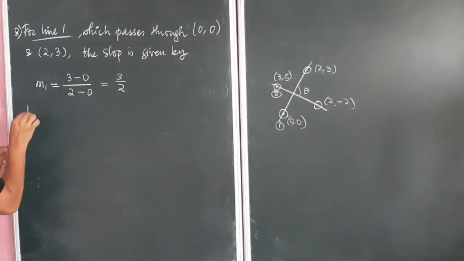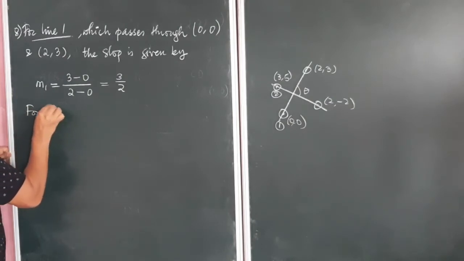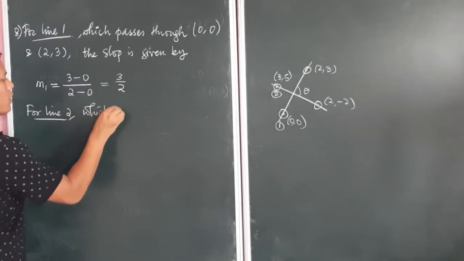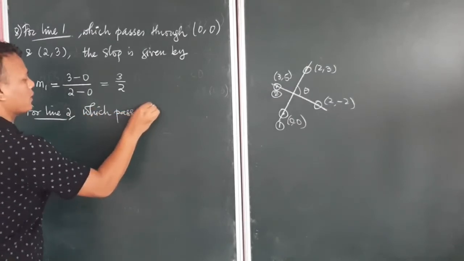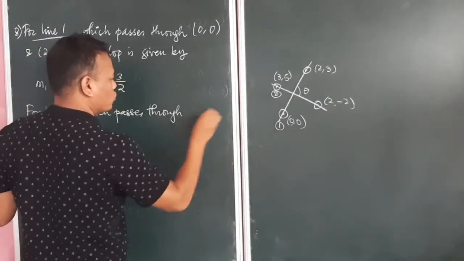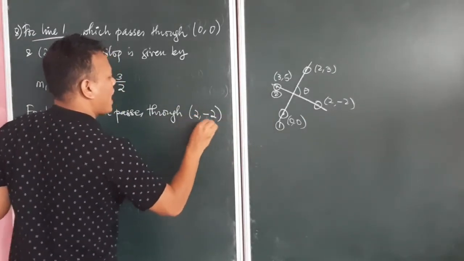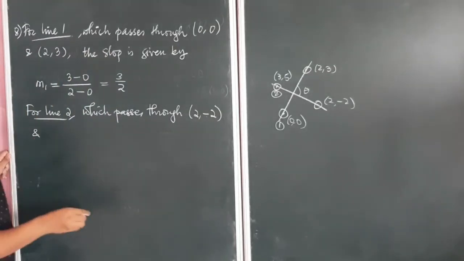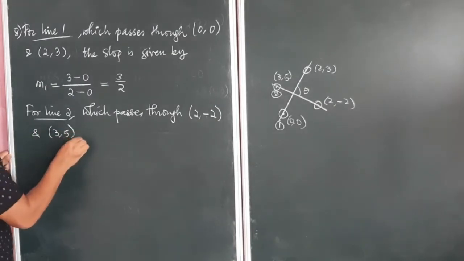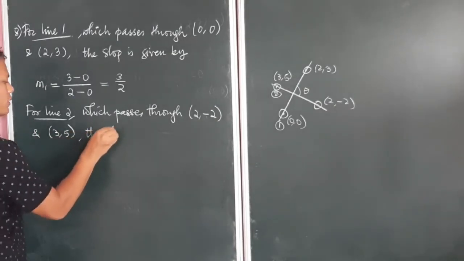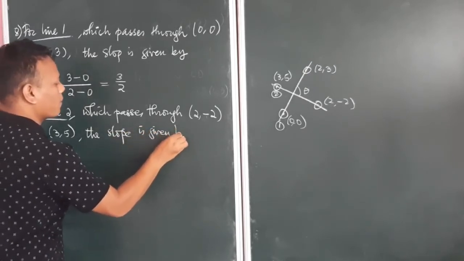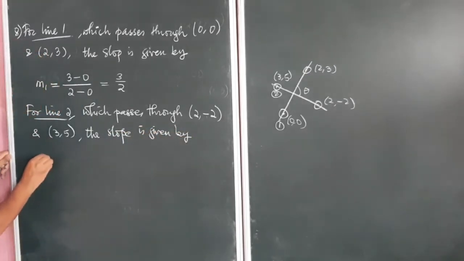For line 2, which passes through the points (2, -2) and (3, 5), the slope is given by m2.